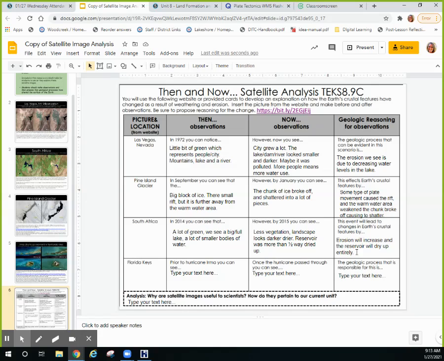So their reservoir will never be what it was. They'll never be able to have the same capacity to support their communities the way that they were in the past, because the erosion is going to make that lake and that reservoir less deep. It's going to flatten that surface, and it won't be able to fill up like it did before.